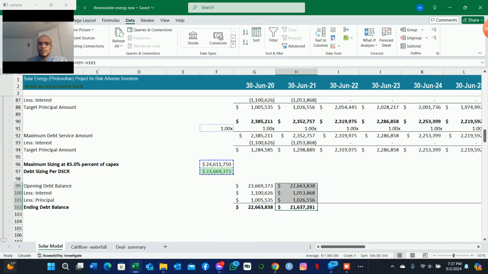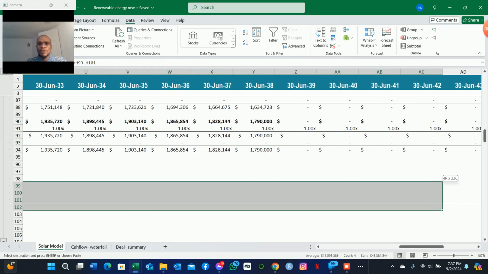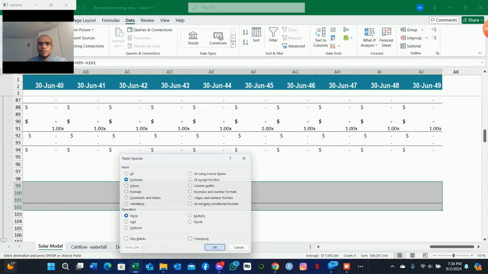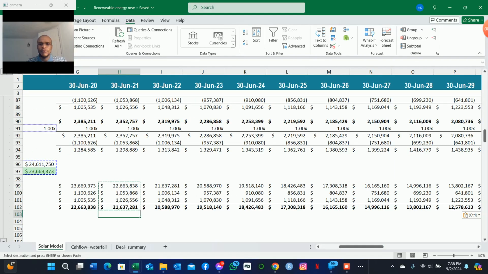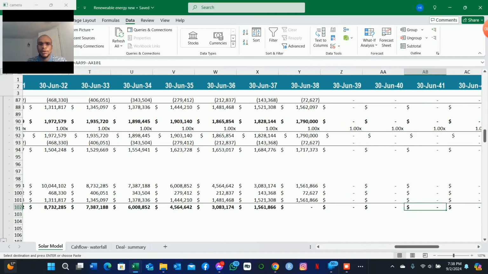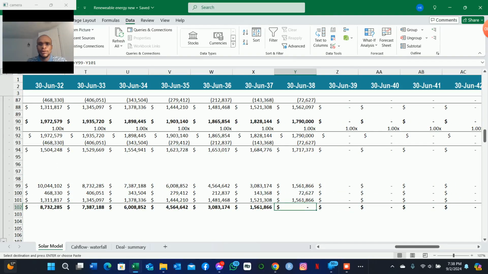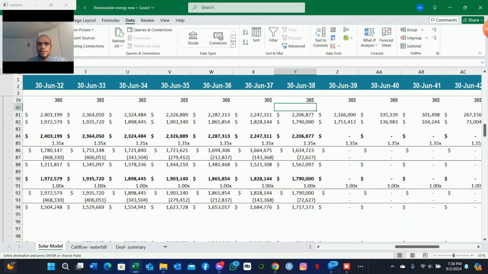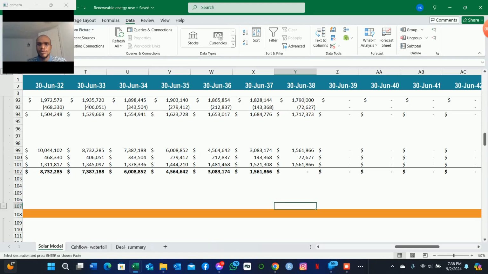So we can now take this and copy to the end of our project life, and if we scroll, we can see that by June 30th, 2038, everything gets paid off. That's exactly what we want in this model.